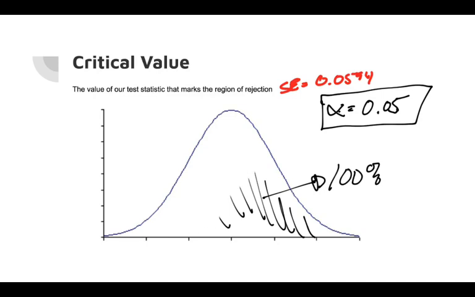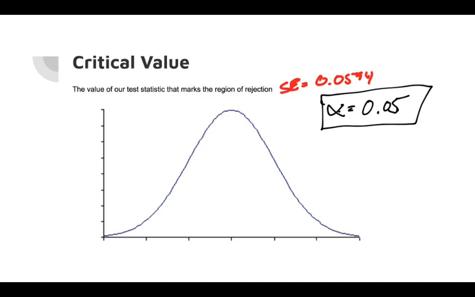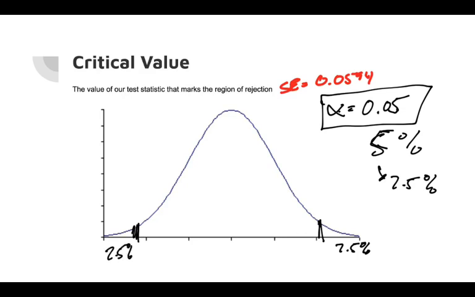What we're saying is that we are willing to accept a 5% chance that we're wrong. That 5% is going to hang out, some of it over here, and some of it over here. So we take this and split it up into 2.5. 2.5% of my error is going to live in that tail, and 2.5% of my error is going to live in the other tail. That means that 95% of the rest of the area is in the middle.